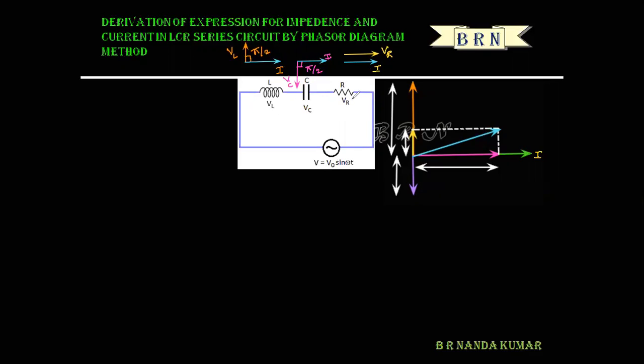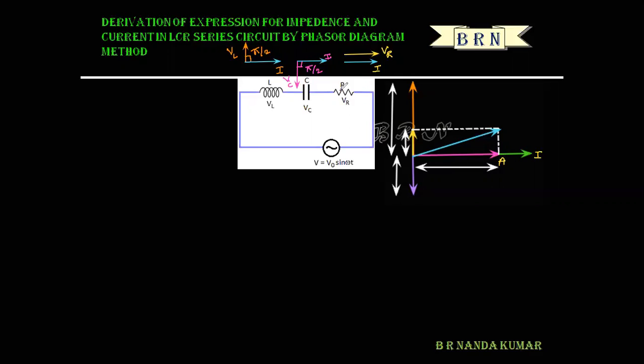There is no phase difference between the current and voltage, right? The potential difference across R is VR. It is in phase with the current. That means the rotational vector of VR and the current are in the same direction, and that is represented by the vector OA.